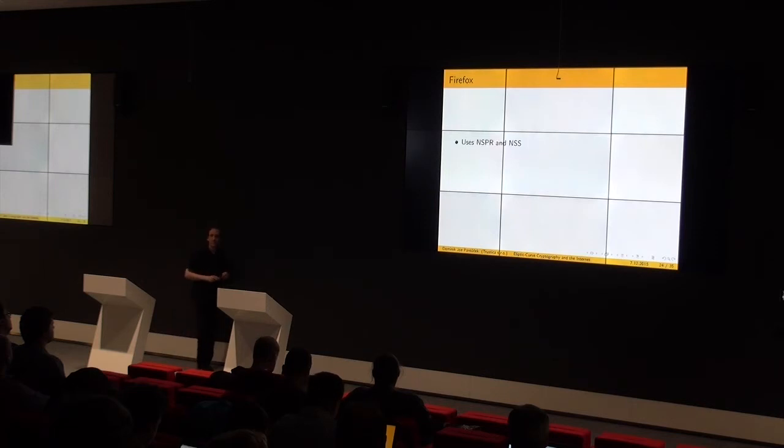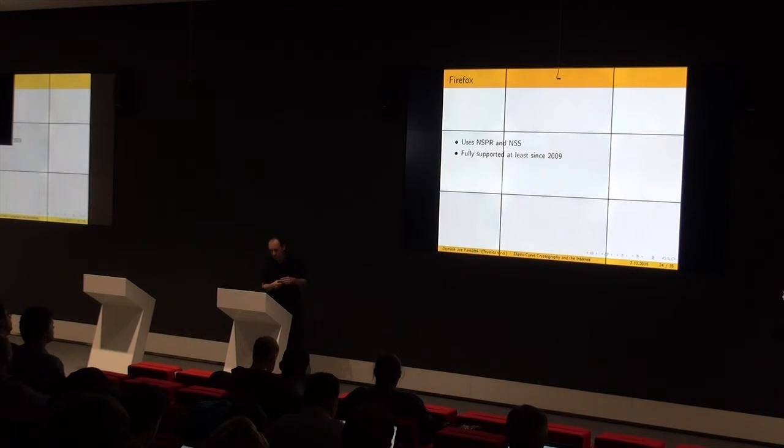Mozilla Firefox uses Netscape Portable Runtime and Network Security Services libraries, which support ECC at least since 2009. It is really hard to dig through NSS archives, and so I don't know the exact date or exact version. It's virtually impossible to locate it today.